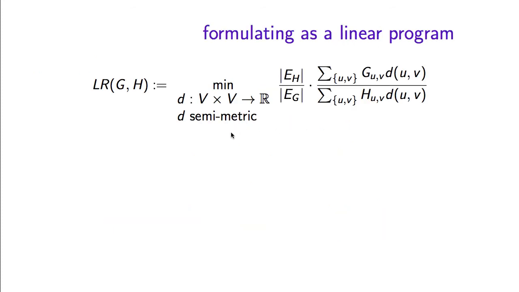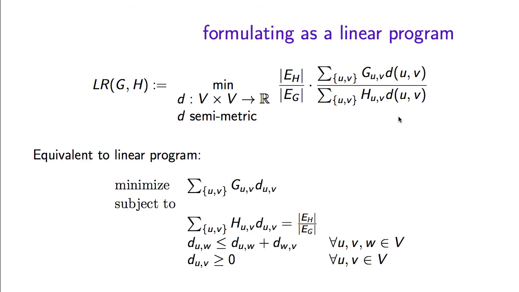The way we formulated the Leighton-Rao relaxation, it was clear that it's a relaxation of the non-uniform sparsest cut problem, but it's not at all clear that it's a relaxation expressible as a linear program. But here's how to express it as a linear program. We observe that for every distance function, if we multiply every distance by the same constant, we don't change this cost function, and we still maintain the fact that we have a distance function that satisfies the triangle inequality.